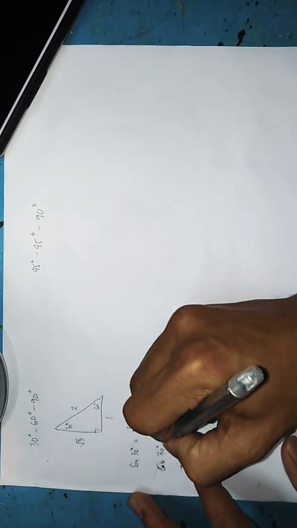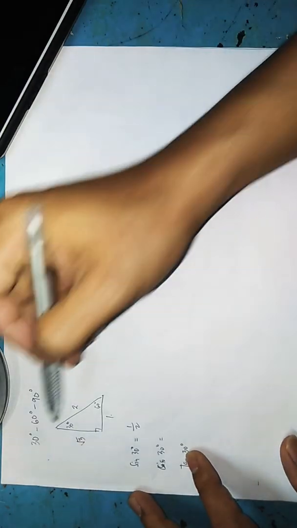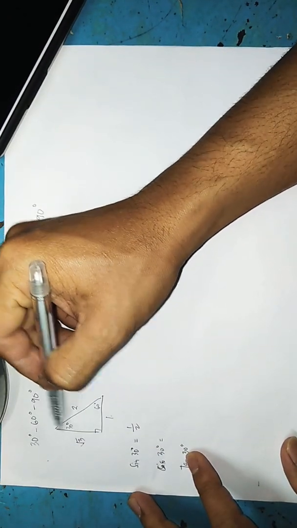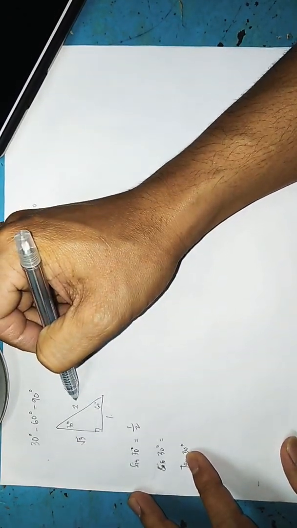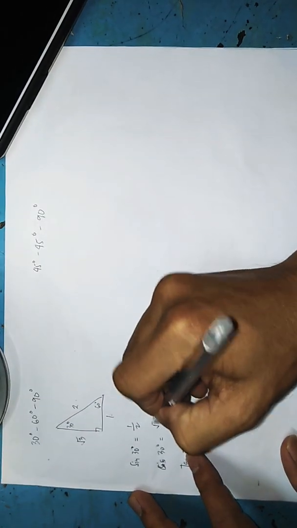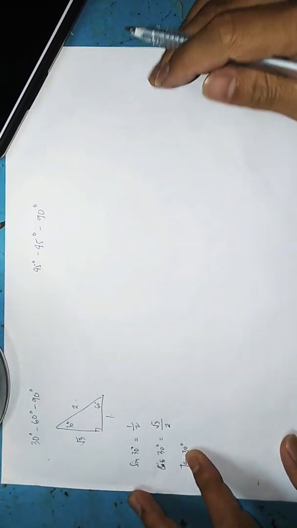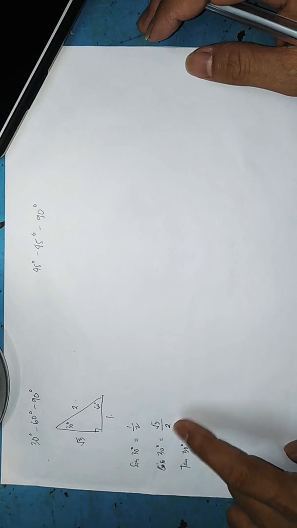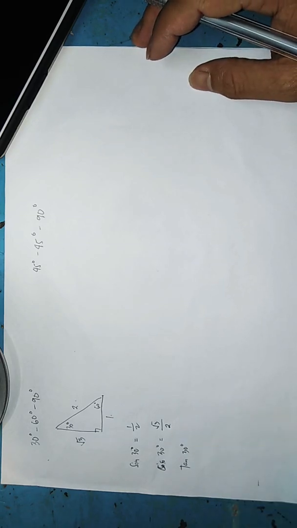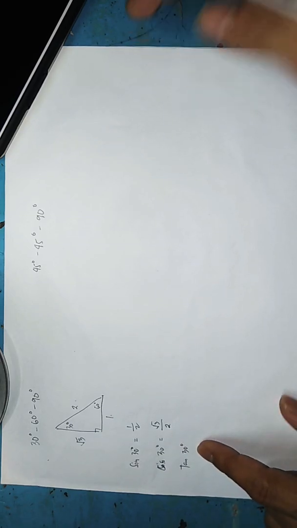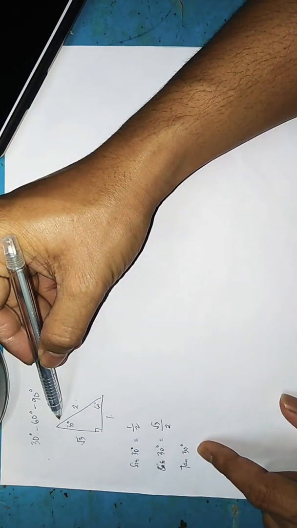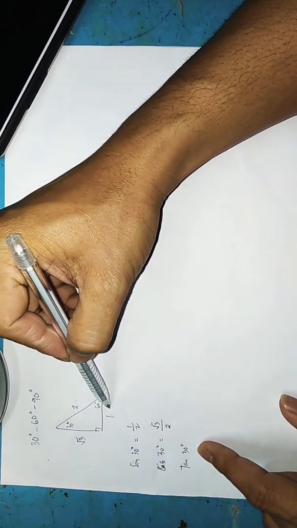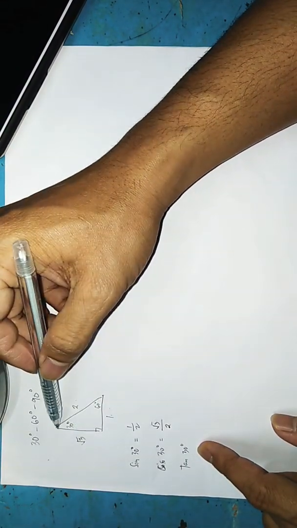Next, cosine 30 degrees. Tingnan ulit kay 30 degrees. Adjacent, square root of 3 over hypotenuse. Square root of 3 over 2. Yan yung value niya. We're going to type it in calculator. Parehas lang. Next, tangent 30. Tingnan ulit kay 30. Opposite 1 over adjacent, TOA.